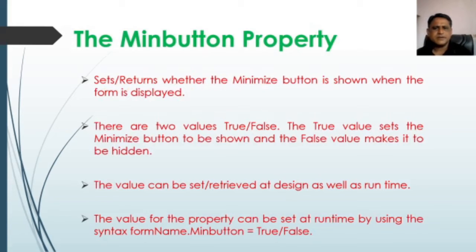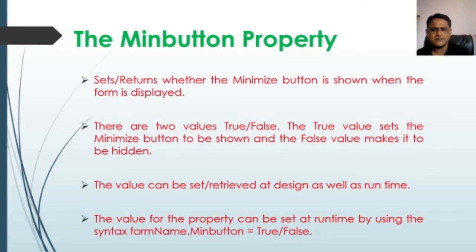So the min button property. This min button property is used to set or return whether the minimize button is available in the form when it is run or not. Again it will have two values, true or false. If you set it to true, the minimize button will be available when the form is run, and if it's set to false, the minimize button will not be available for the form.